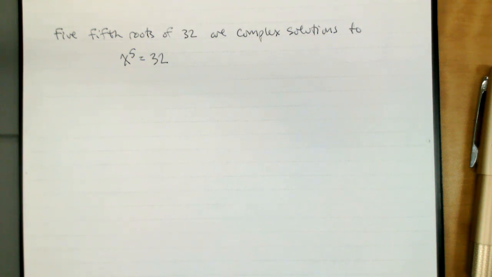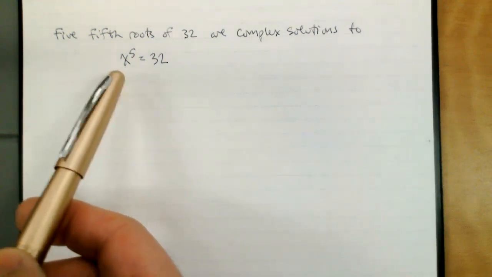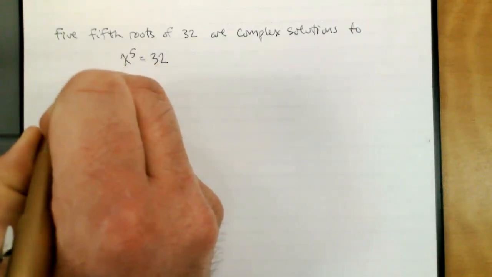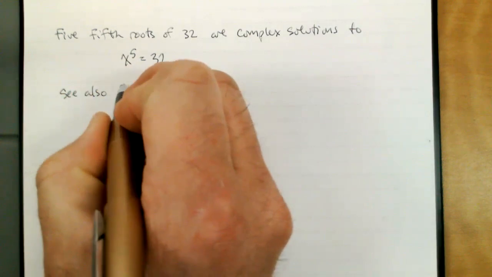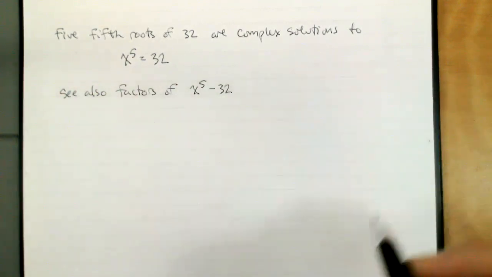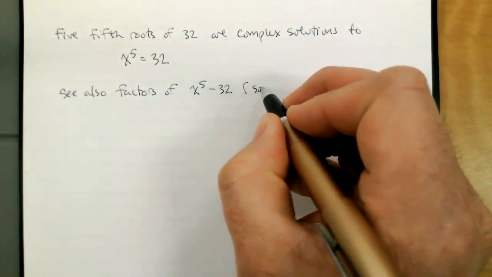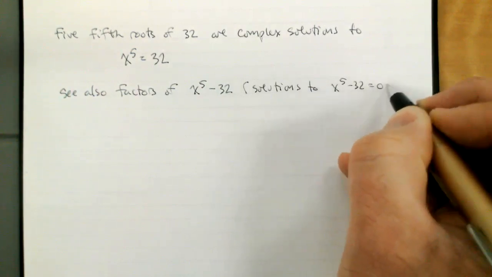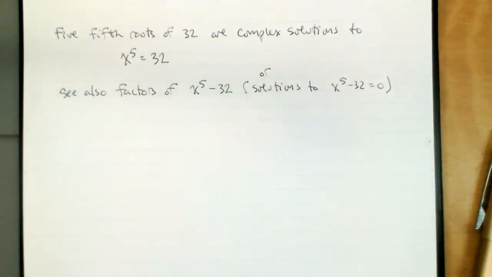This is further connected to algebra, because the complex solutions to this equation we can see also as factors of x to the 5th minus 32, or the solutions to x to the 5th minus 32 equals 0. That's just what I use for the example.